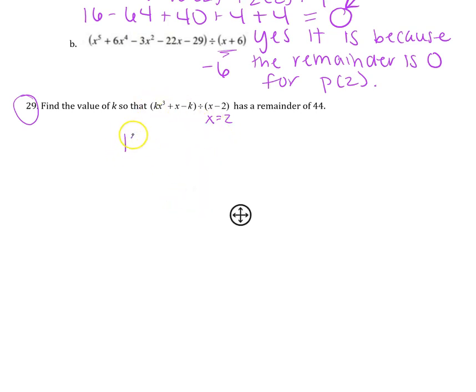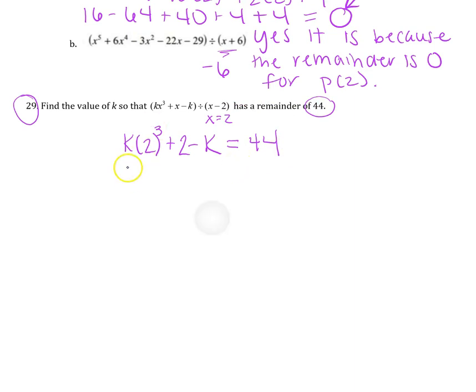So if I do k plus 2 minus k, when I evaluate this, finding what k is, this should equal the remainder, which I want to be 44. If I wanted it to be a factor, then I would set it equal to 0 because I want the remainder to be 0 using the factor and remainder theorem.